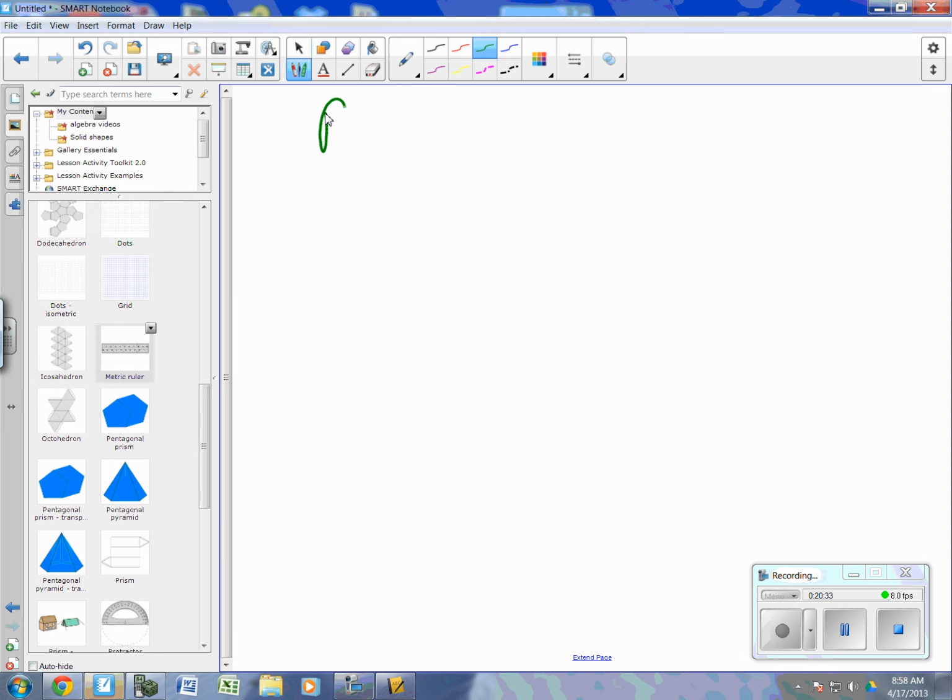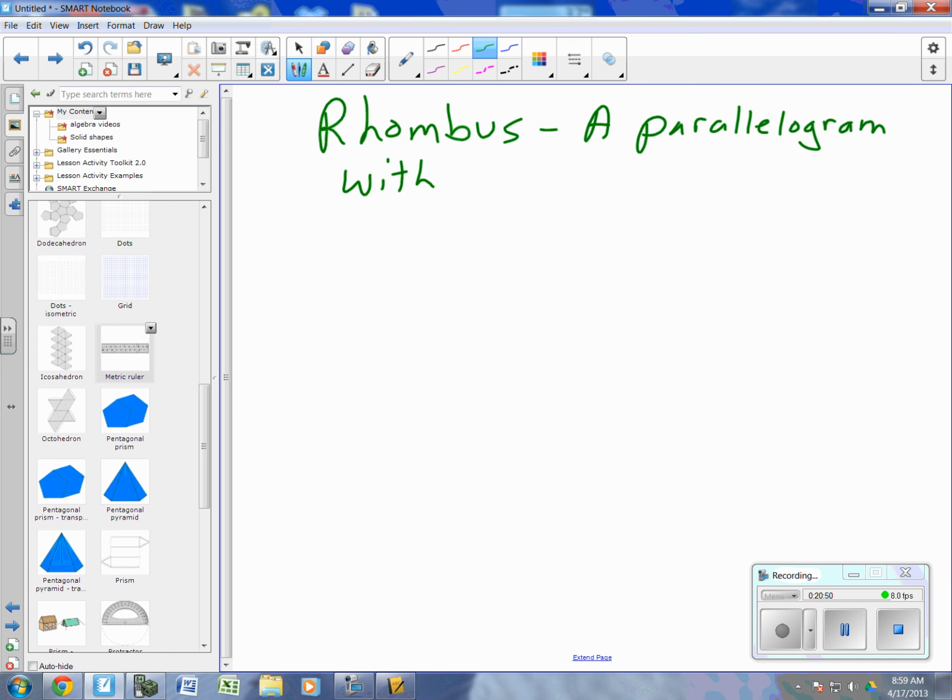A rhombus is a parallelogram. He is right. It's a diamond, what most people call a diamond shape. A parallelogram with 4 congruent sides.